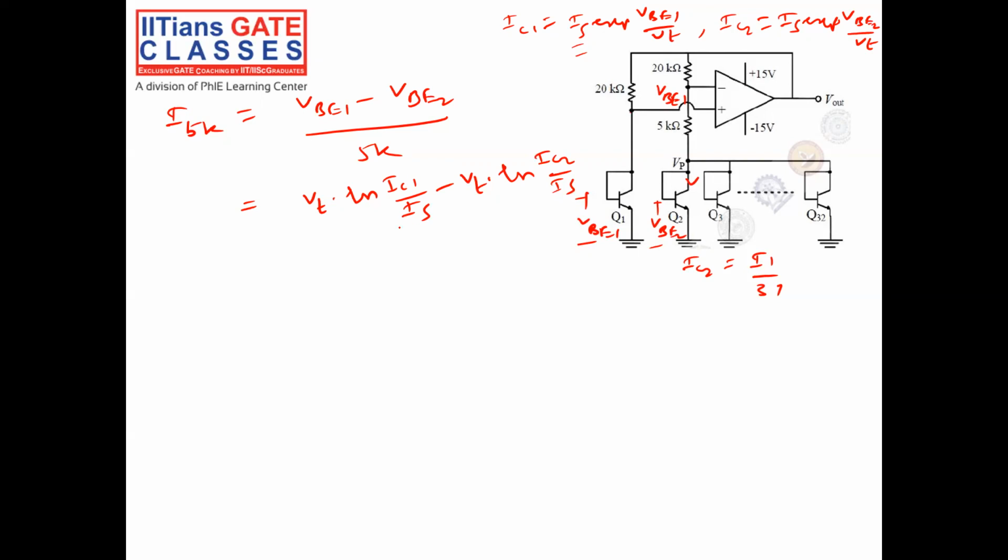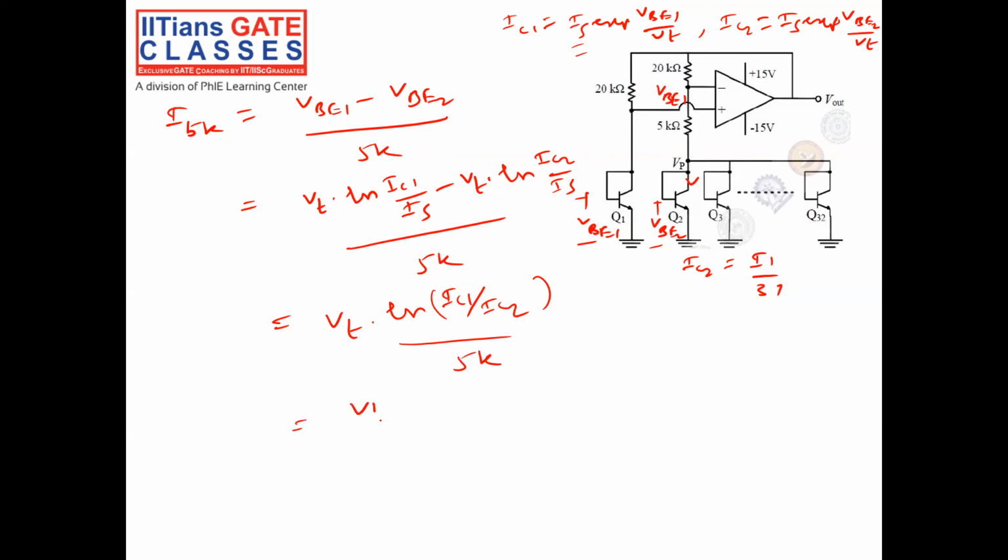So by 5K, this implies VT into ln IC1 by IS minus ln IC2 by IS, which is ln of IC1 by IC2, divided by 5K.